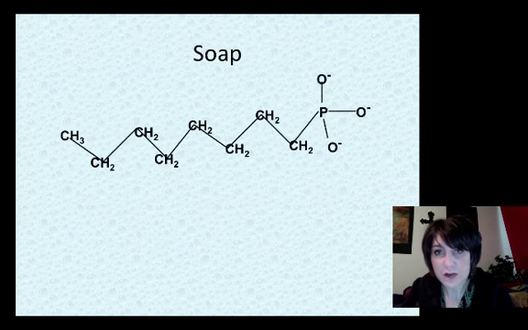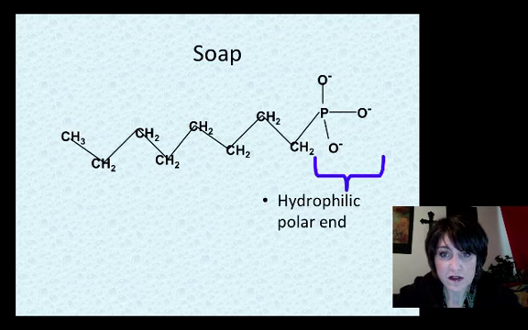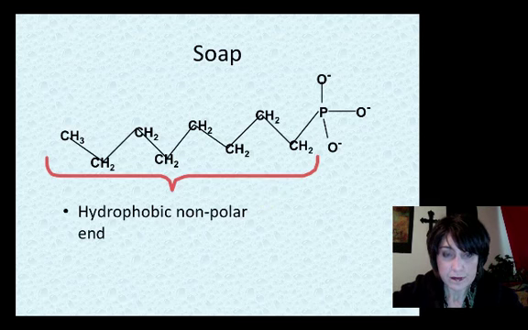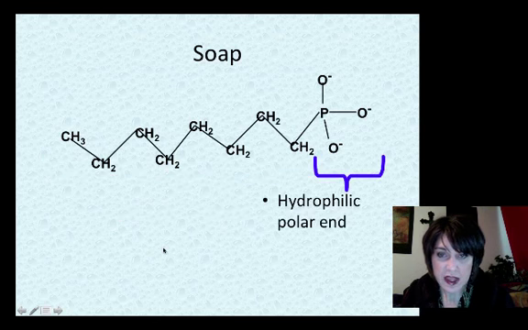So let's look at a special molecule called soap. Soap has this end of the molecule known as the hydrophobic end. This is the nonpolar site. It's just a long chain of hydrocarbons that have no polarity. Because of the geometry, it simply cancels out every polar bond in there. But then there's this end that's called hydrophilic because of the charges on the phosphate here.